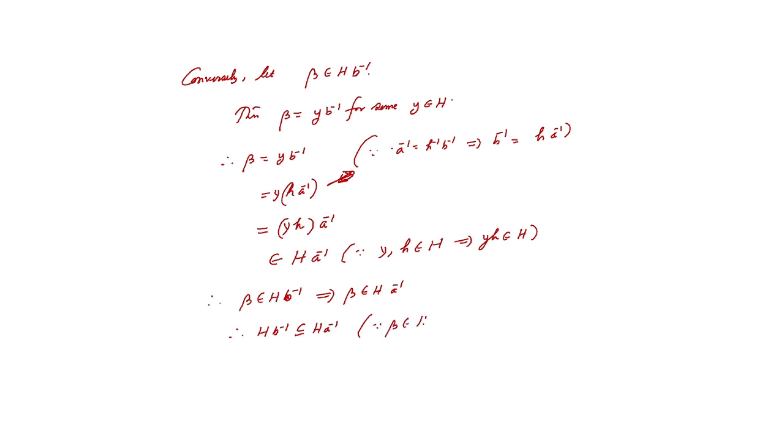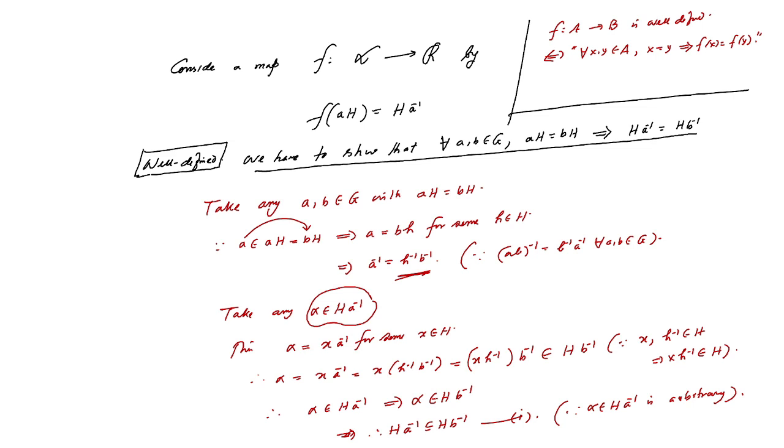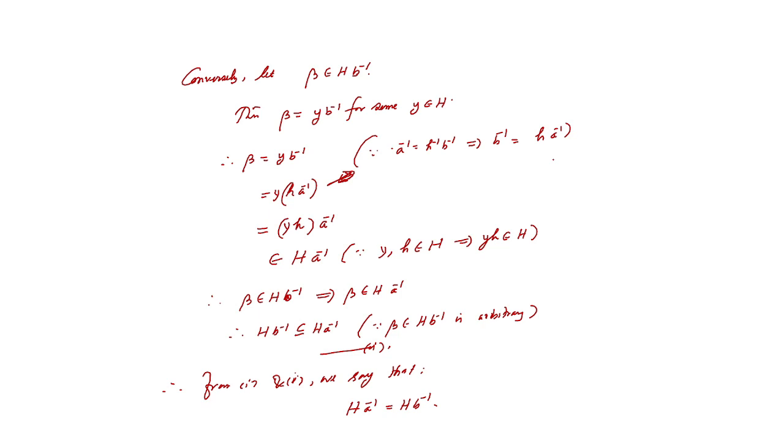And since beta is arbitrary, this is 2. So from 1 and 2, what we conclude? We say that Ha inverse equals Hb inverse. Okay. So we have shown that for all a, b belongs to G, aH equals bH implies Ha inverse equals Hb inverse.